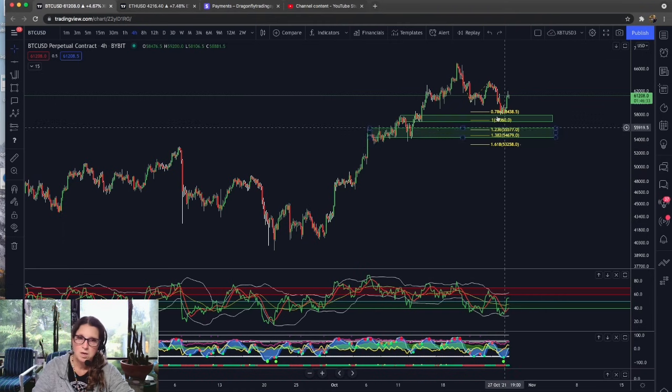Another thing is Bitcoin, when you pull a fib extension on this first correction here, it hit the 0.786. That's not really an extension for Bitcoin. ETH, yes, ETH likes the 0.786, but Bitcoin usually hits the 1-to-1, 1.236, 1.382.